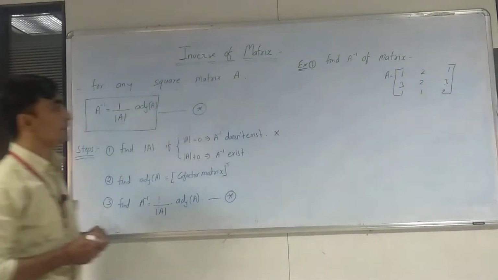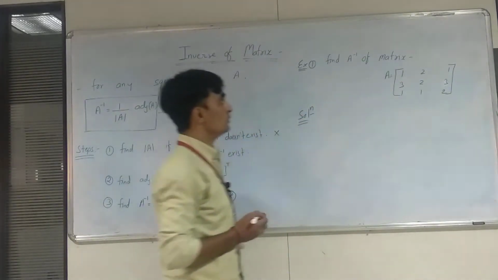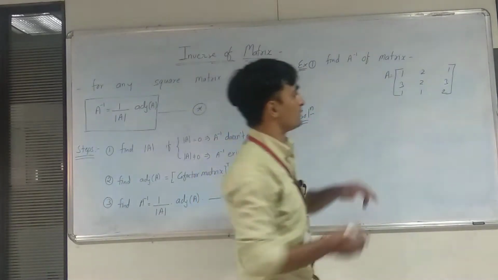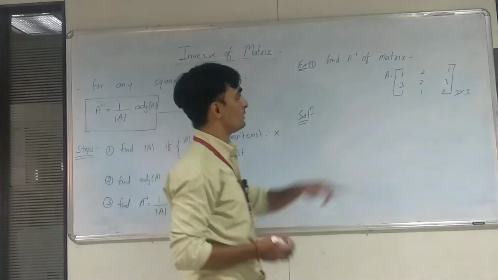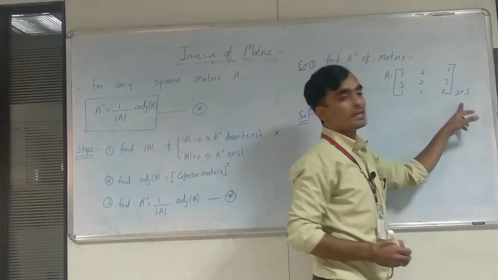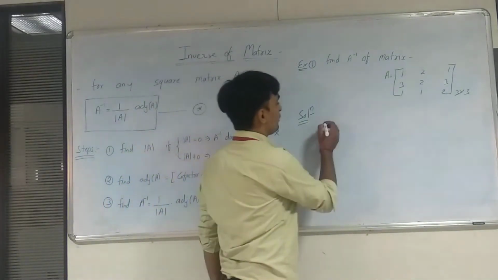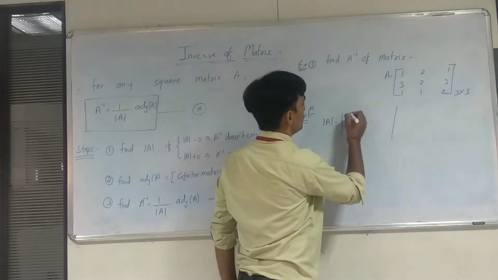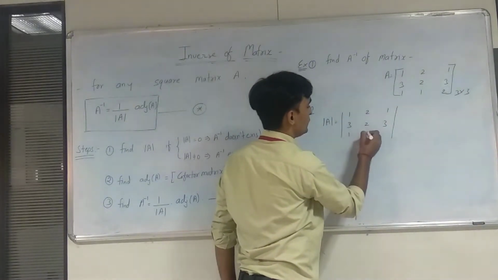Now we go for an example. Find A inverse of the matrix capital A equal to this. First of all it should be a square matrix, so it contains 3 rows and 3 columns. First we will find the determinant of A, that is 1 2 1, 3 2 3, 1 1 2.